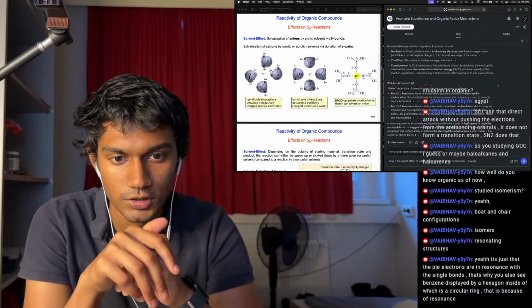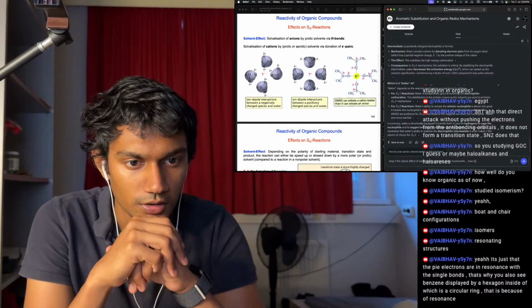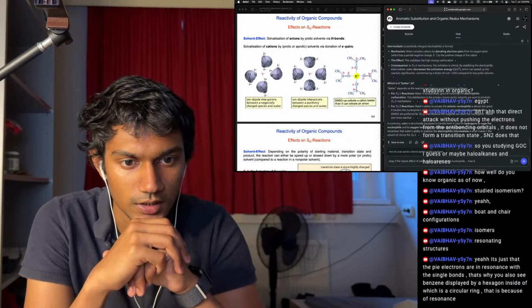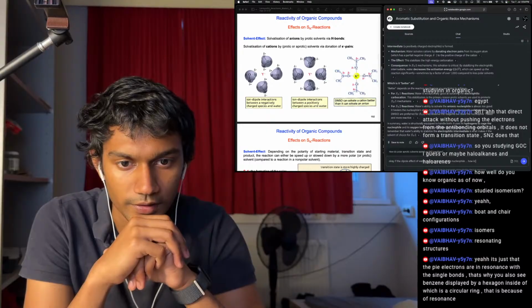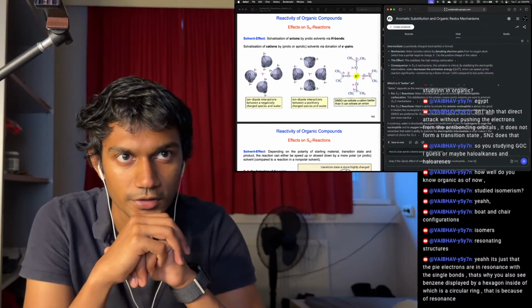That's why you see benzene displayed as a hexagon, and also displayed as a hexagon with a circular ring inside. That is because of resonance.